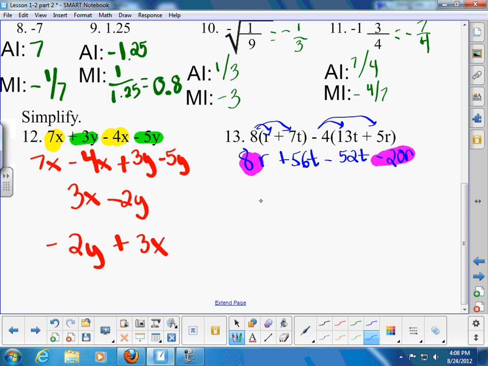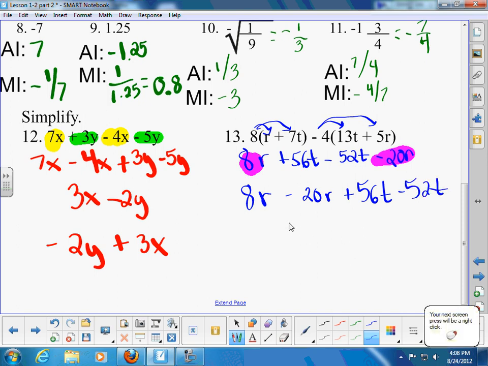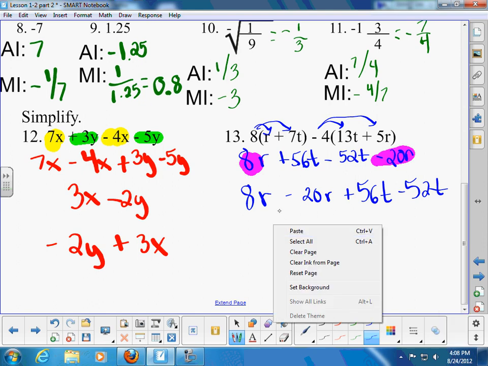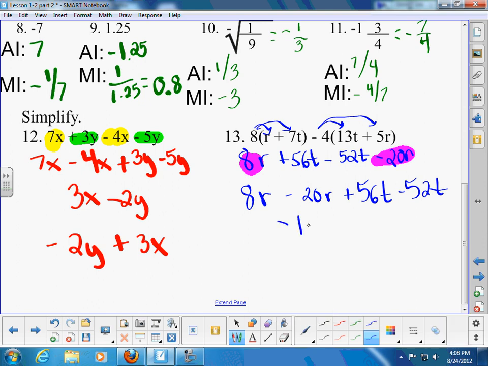So, combining our like terms, we can rewrite our problem as 8r minus 20r plus 56t minus 52t. 8r minus 20r is negative 12r. And 56t minus 52t would be positive 4t.